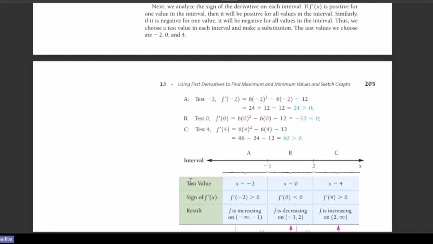First column, third row, you will write sign of the first derivative of f. Are you with me? Yes, sir. In the last row of the first column, you will write result.